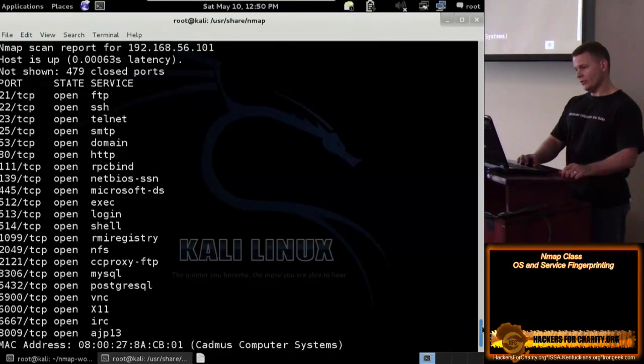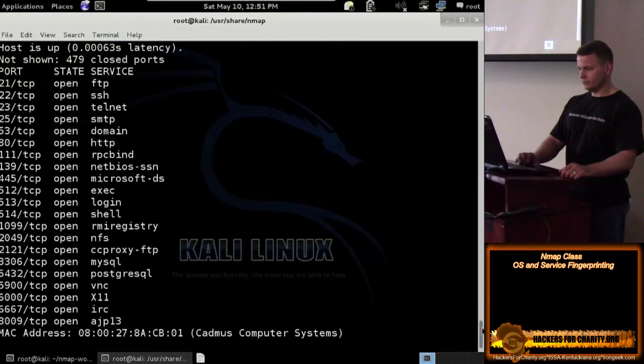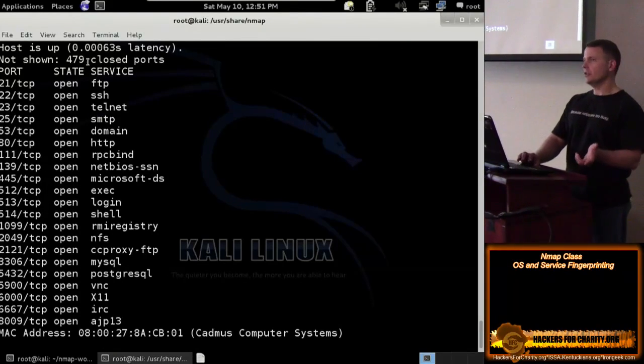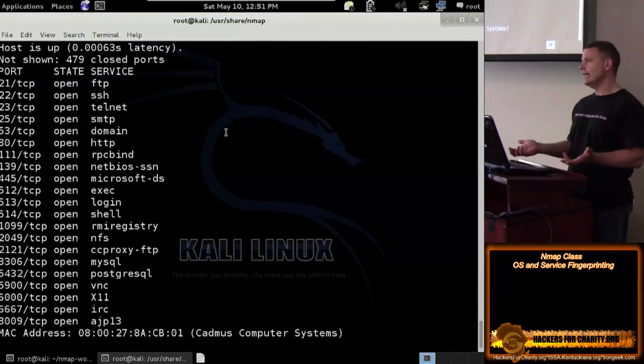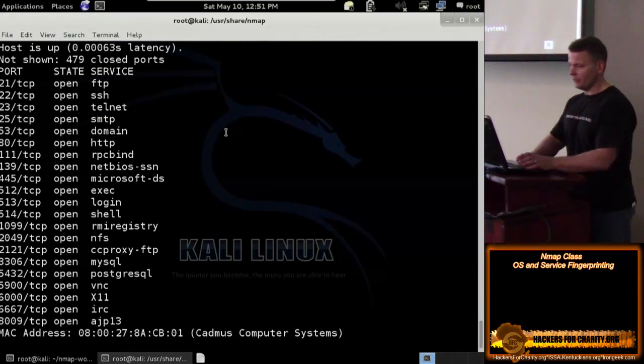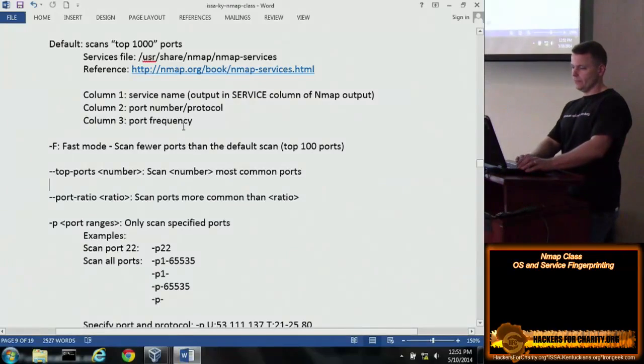This one took 13 seconds as well, so. Actually, we got 21 out of 23 just doing the top 500. So there seems to be sort of a Pareto effect here where the top 20% of your probes is going to get the 80% of the open ports, kind of an estimation.